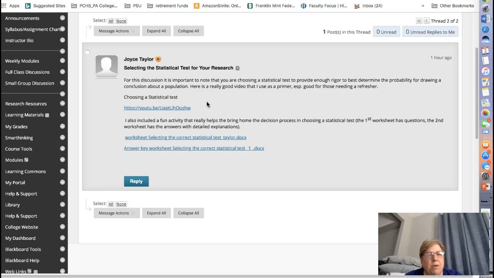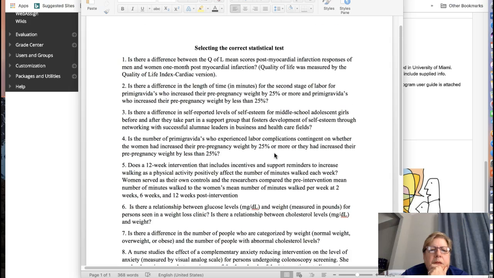That same table is in the front of your Pollitt book when you open the front cover. I know I had shared that in other areas in this course, but I just want you to know that it's there. Also, you may enjoy this because I like self-testing myself. What you see is the worksheet for selecting the correct statistical test, which I think you'll really find helpful.